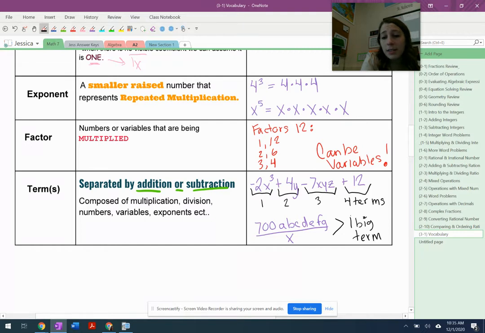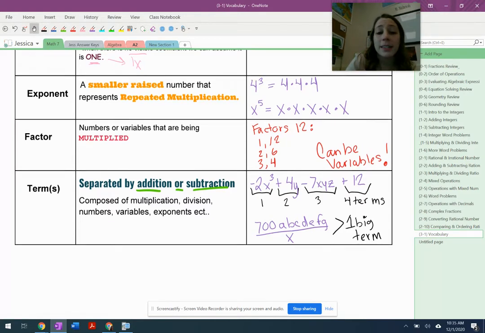Because even though it has a ton of multiplication, a ton of variables, and division going on, none of that is addition or subtraction, which means it's not separated. And now naturally it can't be zero terms because that would mean there's nothing there, and there absolutely is something there. So terms, separated by addition or subtraction.